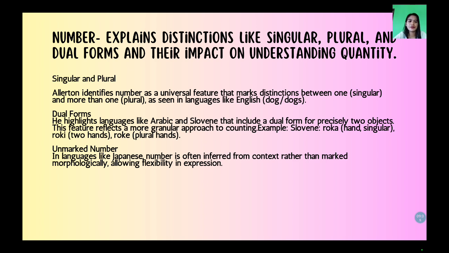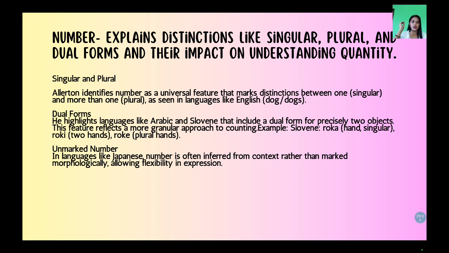Allerton identifies number as a universal feature that marks the distinction between one, singular, and more than one, plural, as seen in languages like English, for example dogs. In dual forms, he highlights languages like Arabic and Slovene that include a dual form for precisely two objects. These features reflect a more granular approach to counting.